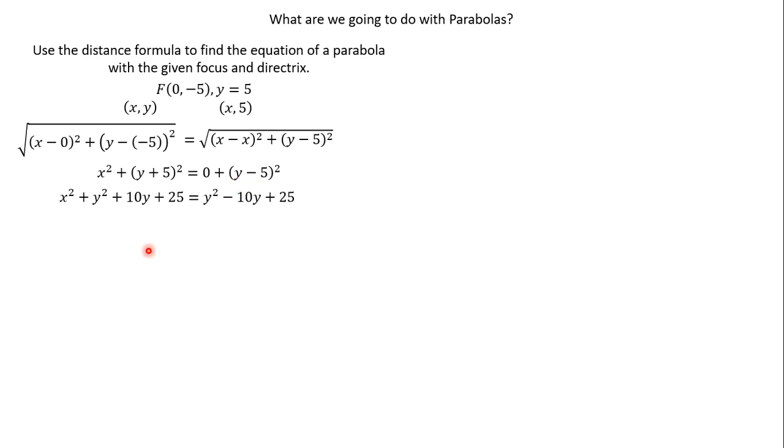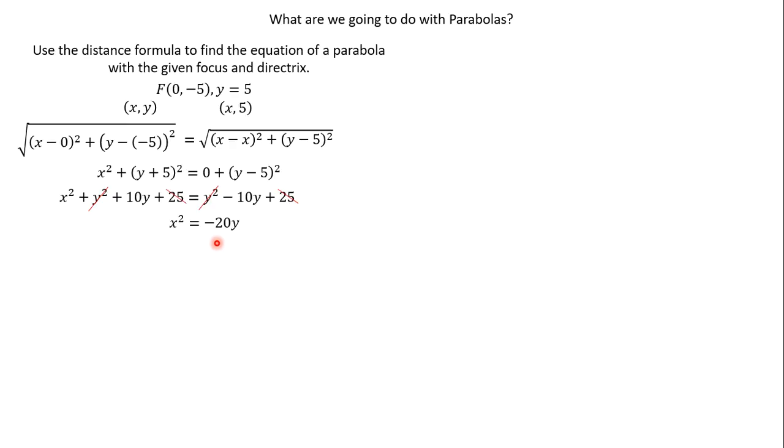So when we distribute, we get this, and then we can move things. Well, we have a y squared and a y squared, so those are going to end up canceling each other out. We have a 25 and a 25. Those are going to cancel each other out. So if we just subtract the 10y, we get x squared equals negative 20y.